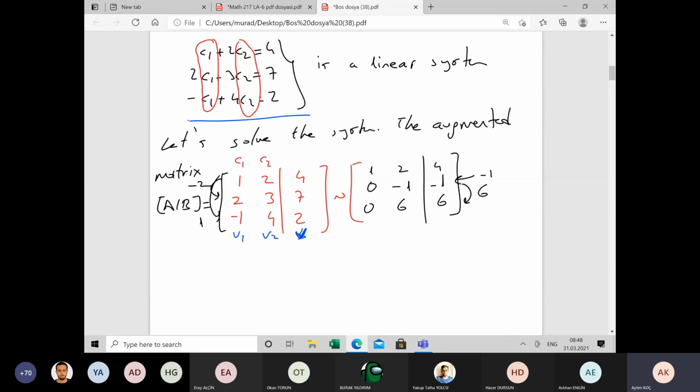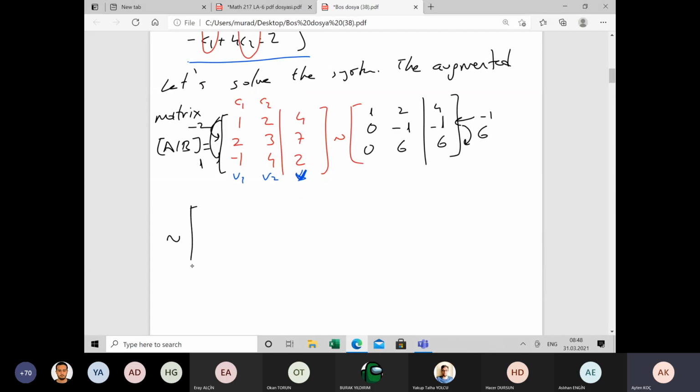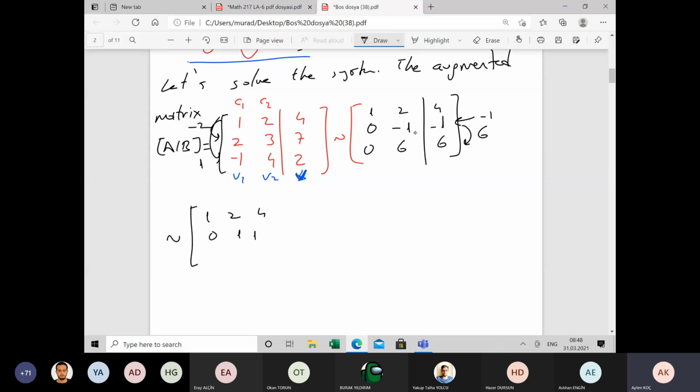It is row equivalent, not equal, right? 1, 2, 4. And apply this operation: multiply by -1, 0, 1, 1. And apply the 6: look at the last row, 6 times the second row. So we obtain a zero row here.